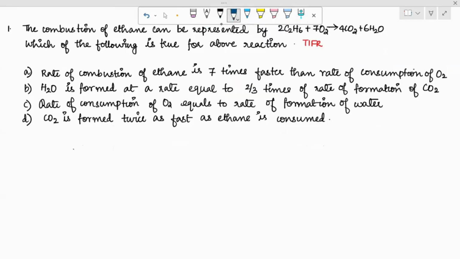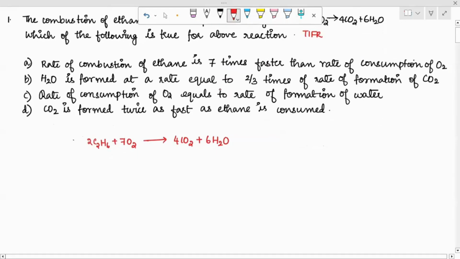It is 2C2H6 plus 7O2 giving 4CO2 plus 6 water. If we write the rate of the equation, we know that rates of the equations are changes in concentration of a species with time. Correct.